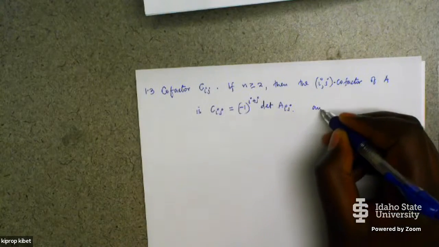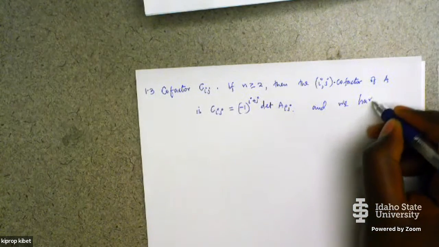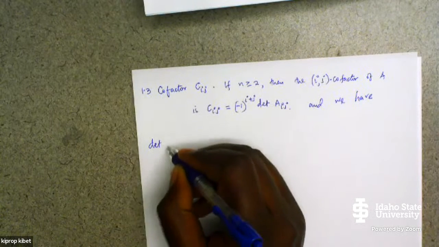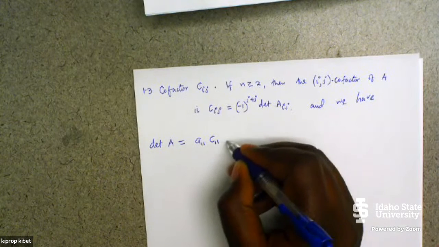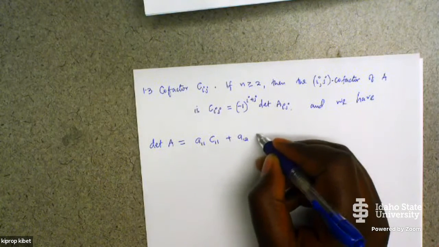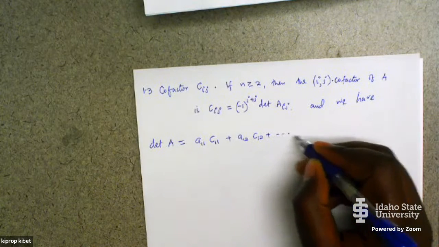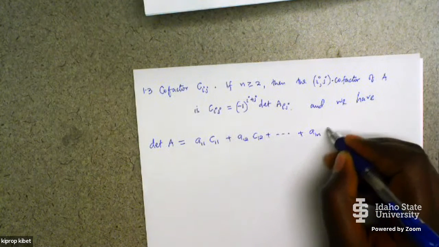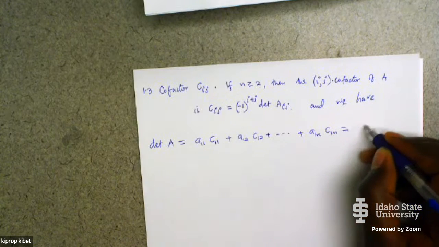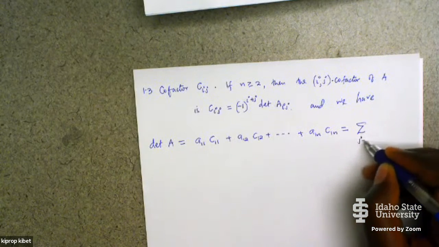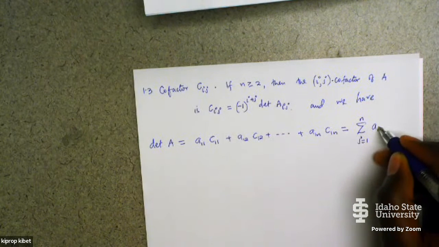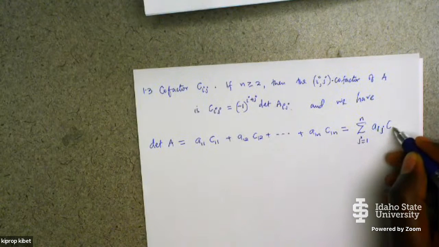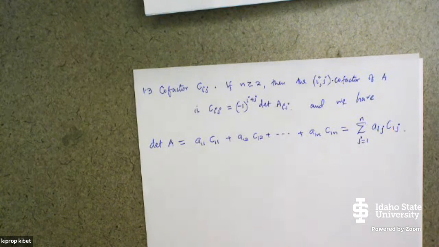And we have the determinant of A to be equal to A11 C11 plus A12 C12 plus, just like that, plus A1n C1n, which is the same as the summation over j from 1 to n of A1j C1j.